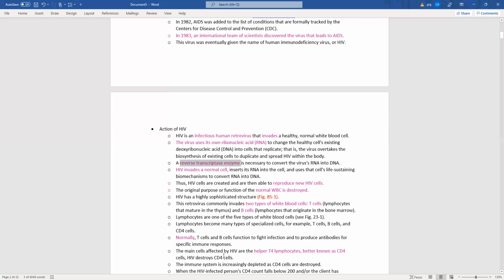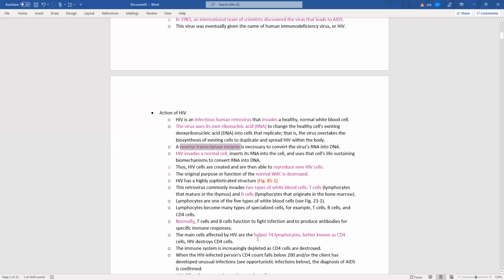And the main cells affected by HIV are the helper T4 lymphocytes, better known as CD4 cells. HIV destroys the CD4 cells. Basically, a helper T4 cell is like an immature T cell. It's not fully developed, and HIV is going for the immature T4 lymphocytes before they become mature enough.